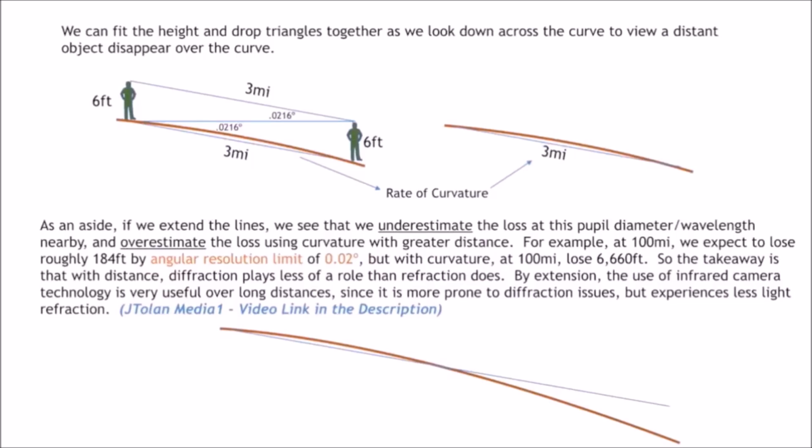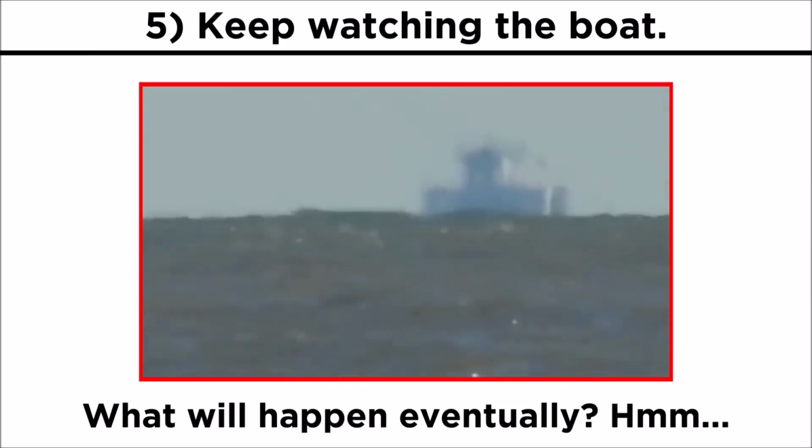So because refraction does play a decent sized role, the infrared camera technology is proving to be a very good tool to view these distant objects, which again do not have anywhere near the expected rate of loss, such as 6,000 feet of loss at 100 miles. It just doesn't exist. Bottom up, just like everything else.